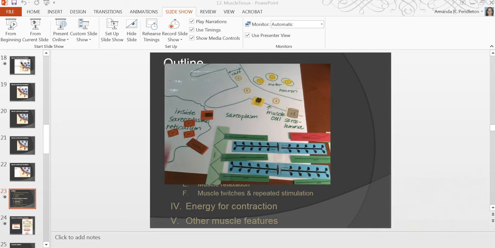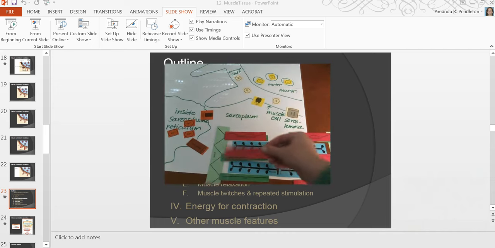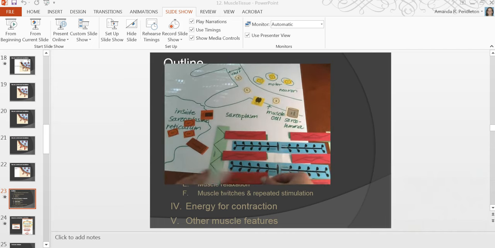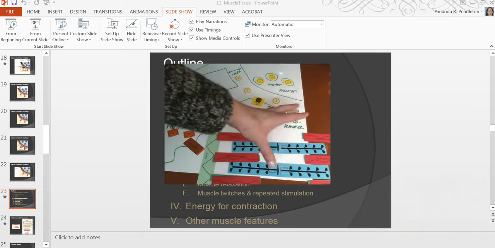Those cover up actin, and they prevent actin and myosin from interacting with each other. So if troponin and tropomyosin are present, myosin heads cannot bind to actin and pull them closer.